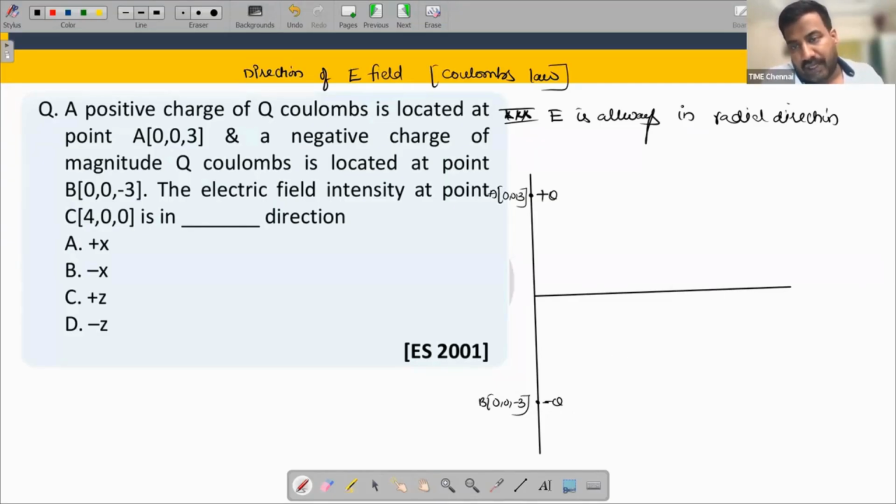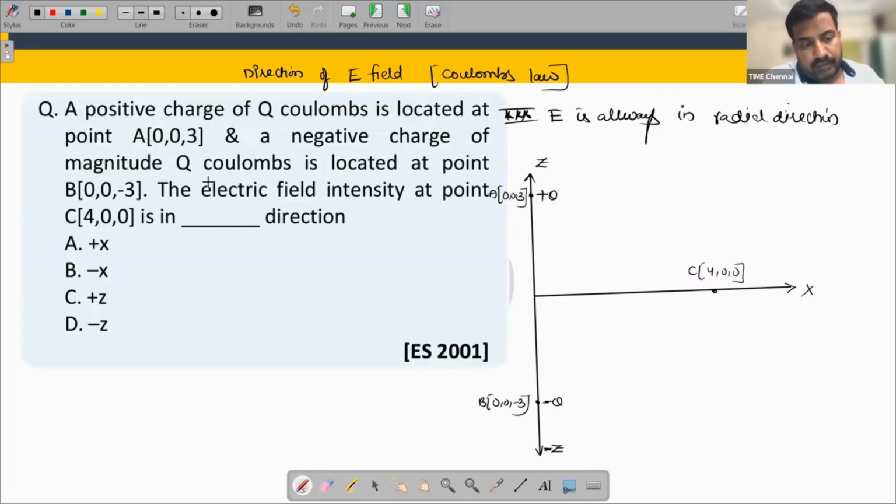I want to find the electric field intensity at 4 comma 0 comma 0. The first charge is on the positive z axis, the second is on the negative z axis, and clearly the point is on the x axis.